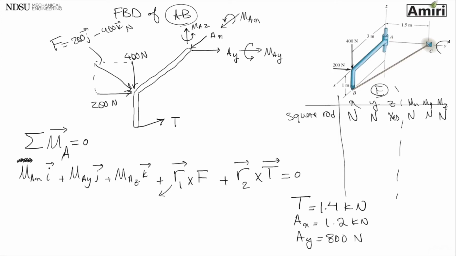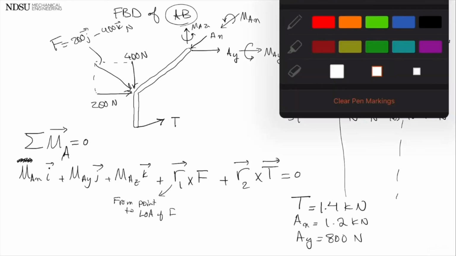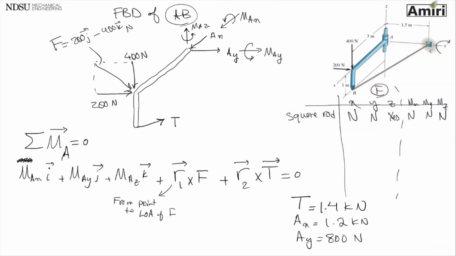This R, if you remember from moment chapter, is from point to line of action of force F. So R1, if you want to look at R1, it's going to be from point O to line of action of force, which is right here. This is my R1, which you can see it is 3I 0J 0K meters.